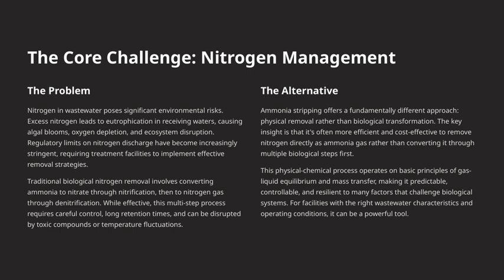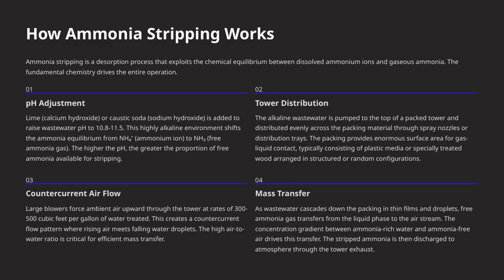That means it's predictable, controllable, and often more resilient to challenges that affect biological systems. For facilities with the right wastewater characteristics and operating conditions, ammonia stripping can be a powerful and practical tool for nitrogen management. Now, let's take a closer look at how ammonia stripping actually works.